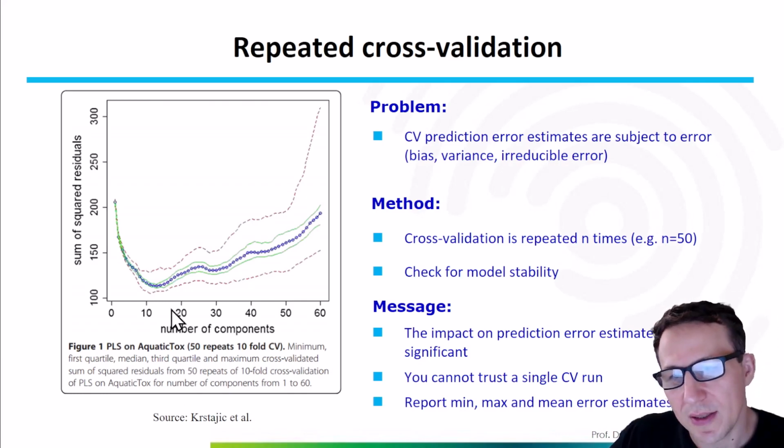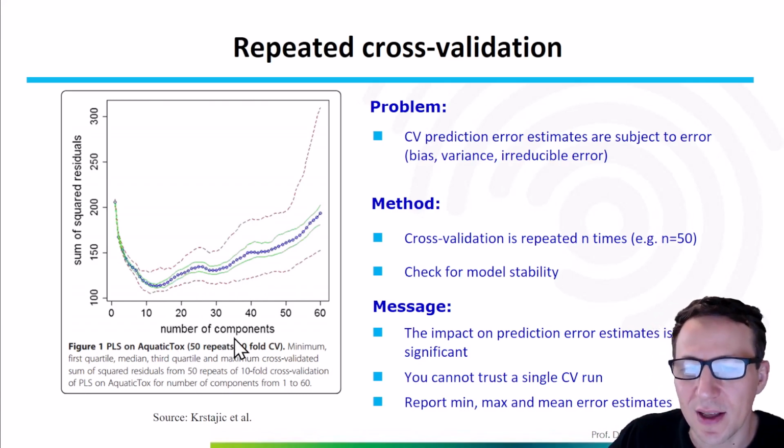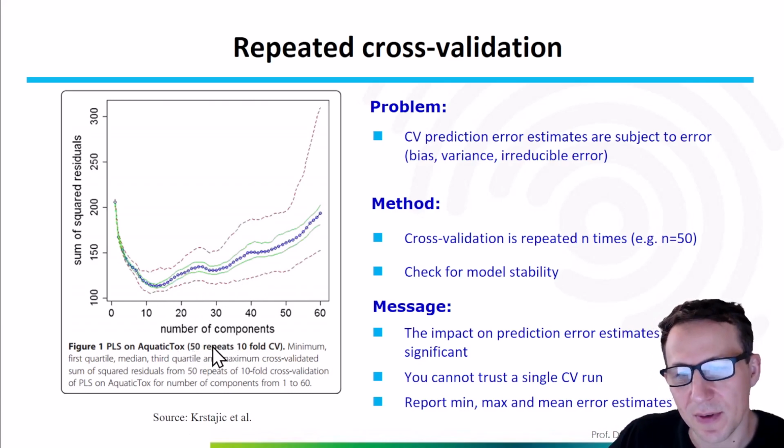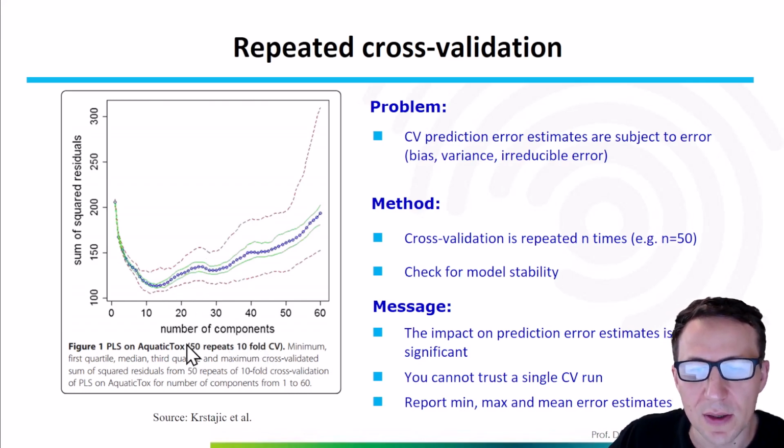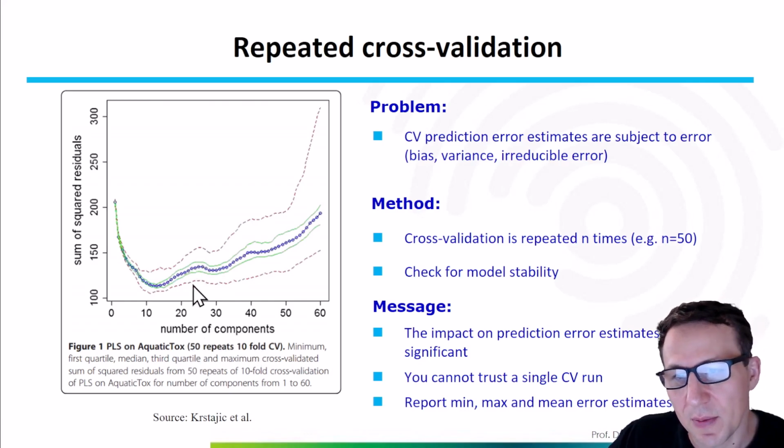So what has been done here is essentially 50 times a cross-validation run, 50 times 10-fold cross-validation for each number of model complexity. Number of components is the model complexity. And you see here that this is the average of the performance you would see using these 50 repetitions. And this is the minimum and maximum.